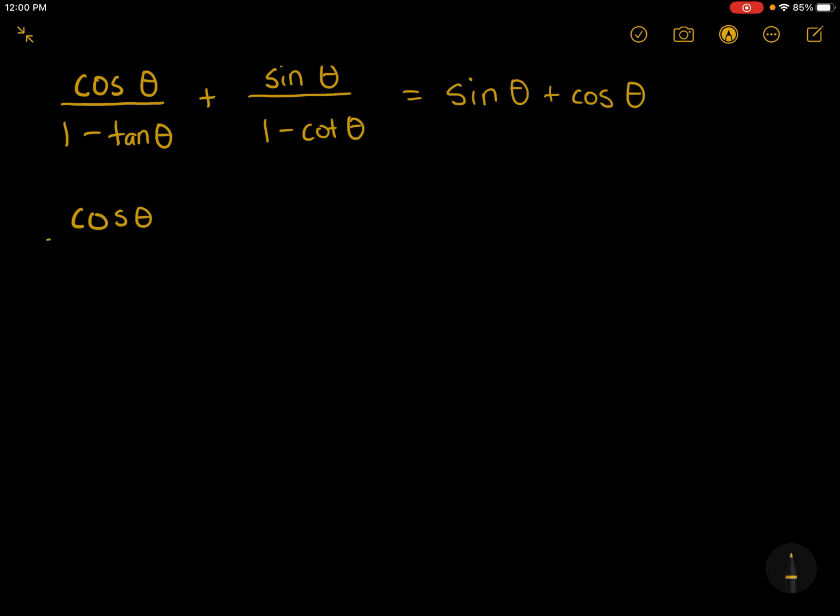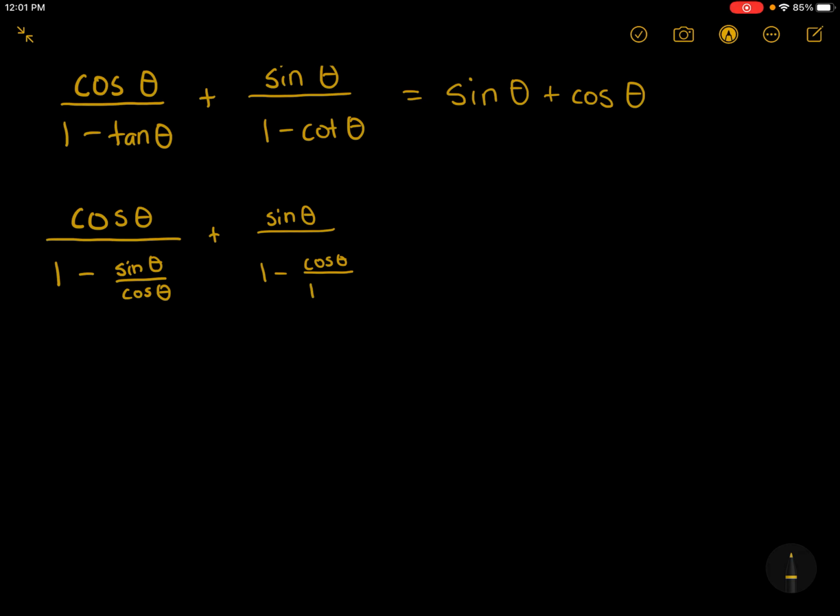cosine theta divided by 1 minus, remember tangent is sine theta over cosine theta, and then we're going to get plus, we're going to keep the sine theta in the numerator and divide by 1 minus cotangent theta, which is just going to be the reciprocal of tangent.